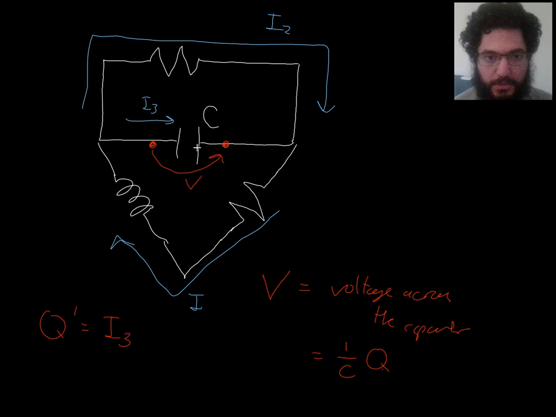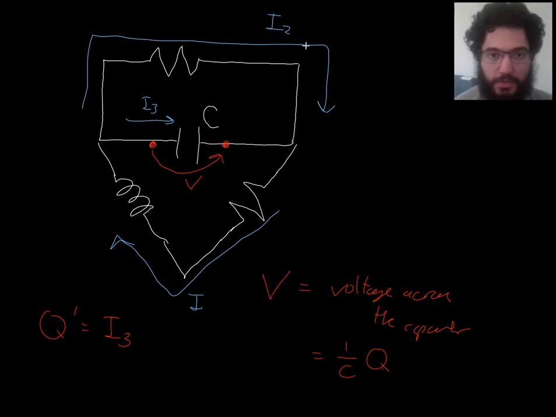So since we chose this for I3, and we defined V to be the voltage across the capacitor and just used this formula, we're sort of forcing V to be measured like this.